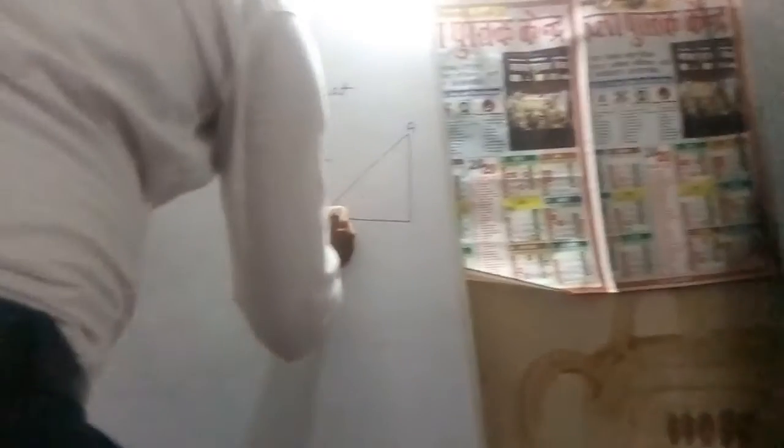First draw a triangle. This is angle C. Angle C equal to 90 degrees.